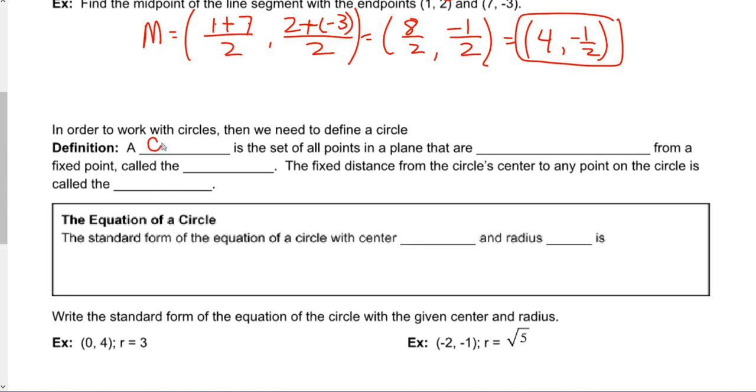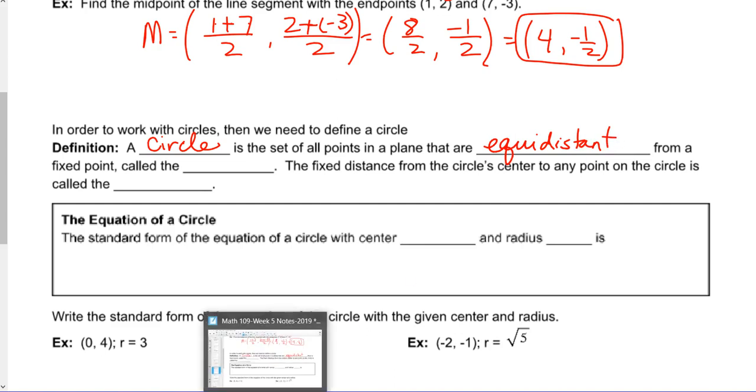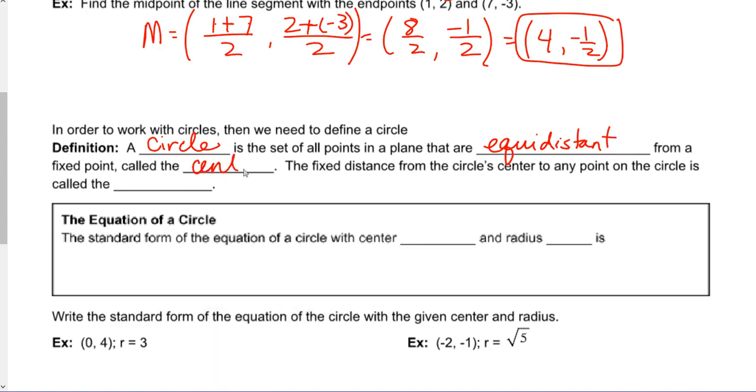The definition is that a circle is a set of all points in a plane that are equidistant from a fixed point called the center. And the fixed distance from the circle's center to any point on the circle is called the radius.